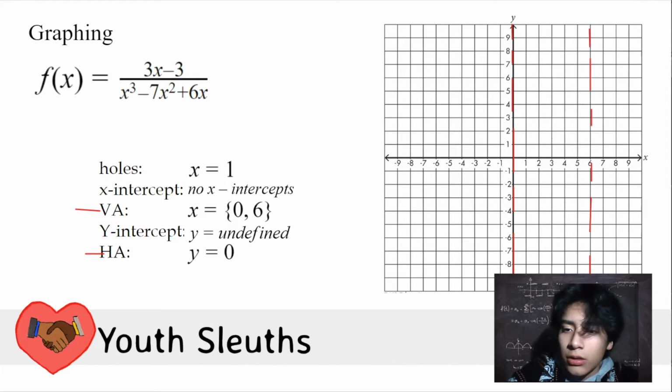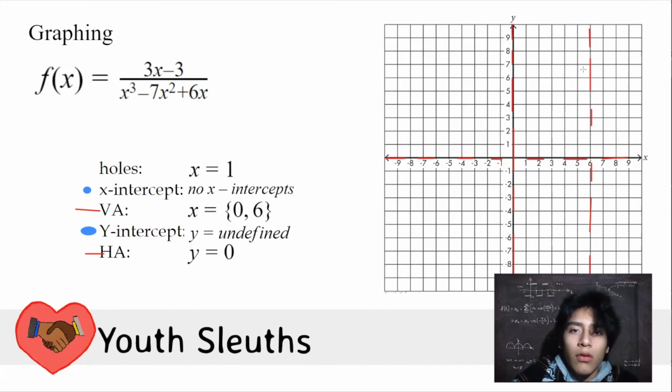Remember to make them dashed. And our horizontal asymptote of y equals 0. Now we are going to draw our x-intercepts and y-intercepts, but since we have none, we are going to have to plug in points to find where our function lies.